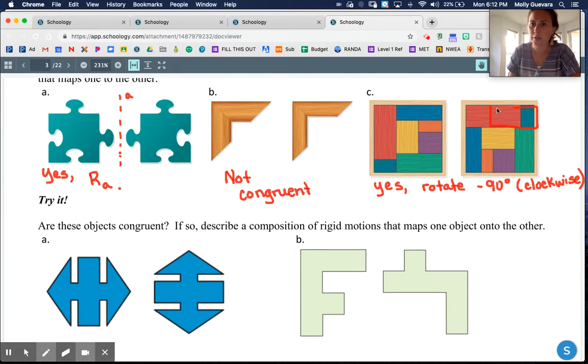And then I guess it's longer than that, isn't it? Like that. And then this would be the blue rectangle here. Just to show you how I went from here to here, okay? So it's not quite lined up, but it's close. The last thing I would have to do is reflect over a vertical line.